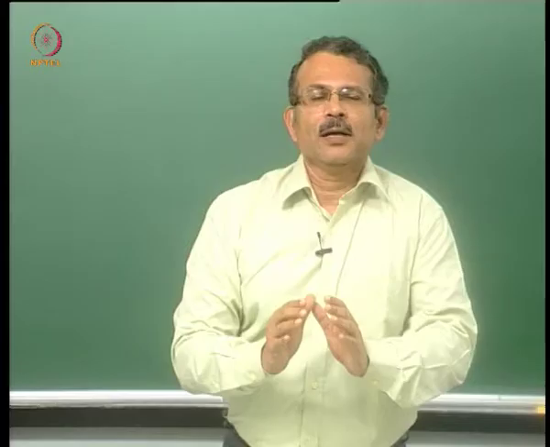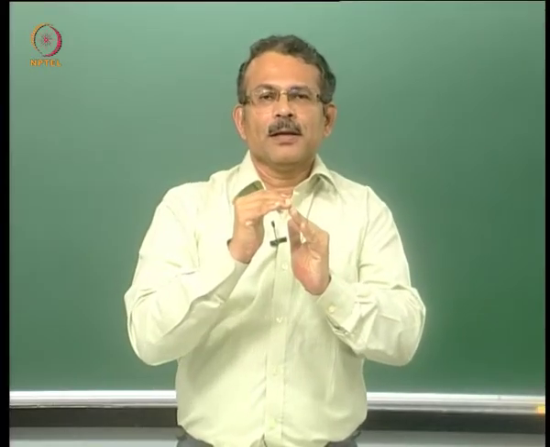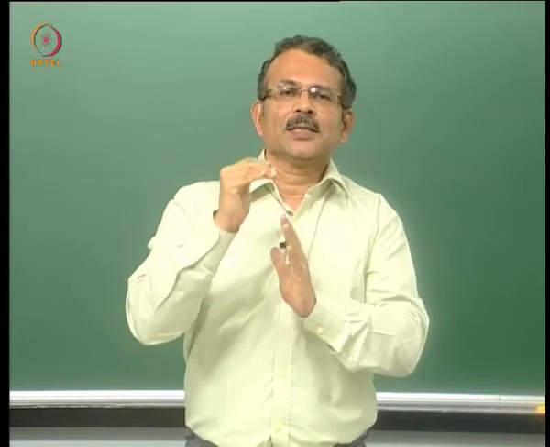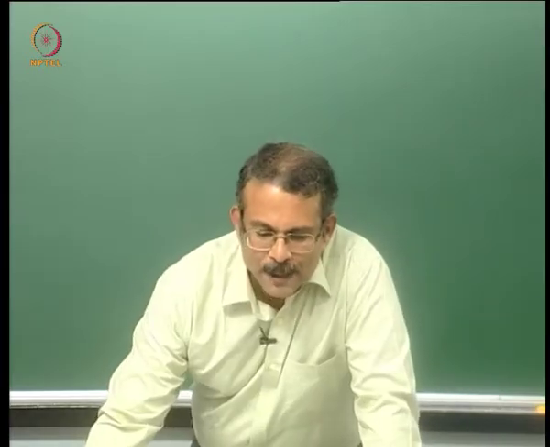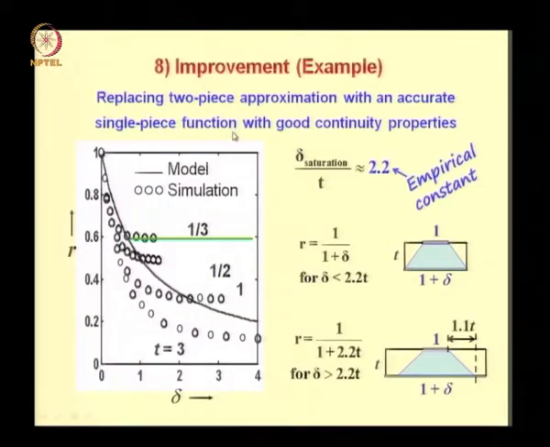So in one shot we have incorporated resistance saturation as well as the so called T by G or small t dispersion. Now we want to improve the model further to get a single piece function. Instead of using two segments, one for below saturation and another for beyond saturation, we want a single segment which will cover both regions. How do we do that?